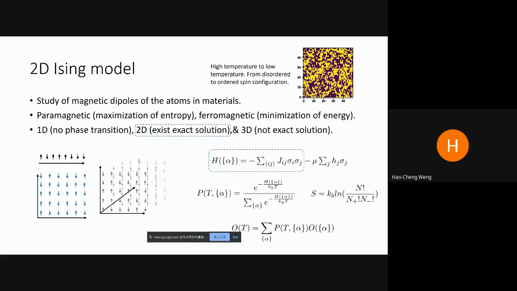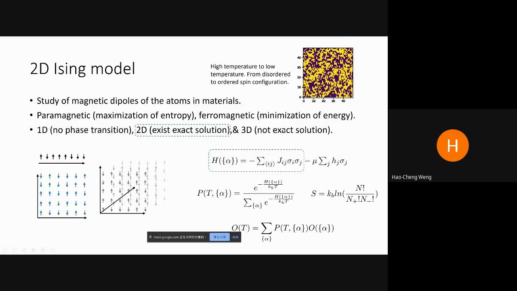What we're interested in is the phases of these spin configurations, for example, the paramagnetic phase and the ferromagnetic phase. In deciding which phase these spin configurations are in, we are focusing on the maximization of entropy and the minimization of energy.